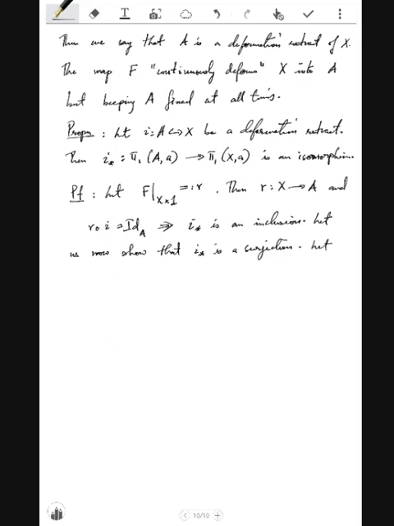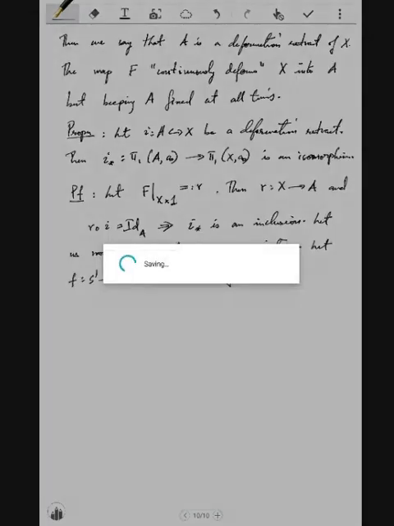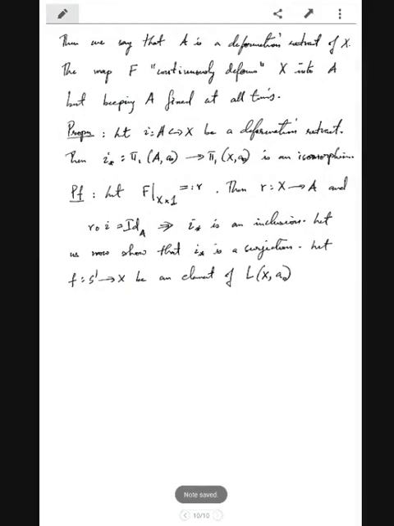So let f from S1 to X be an element of loops based at, say, A0. So consider the map.